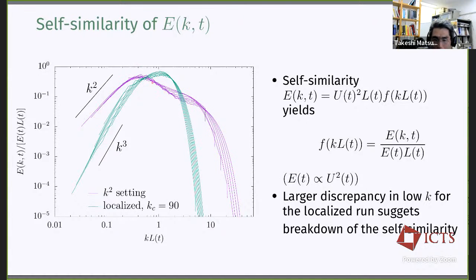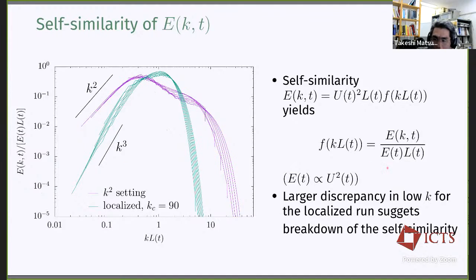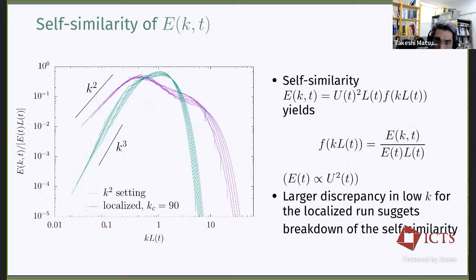In my opinion, it scales very well. It just collapsed to some master curve given by some self-similar function. Without this scaling, we have this one. With this scaling, we have this nice collapsed curve for the low wave number part. For the localized initial condition, the scaled curves look like this.